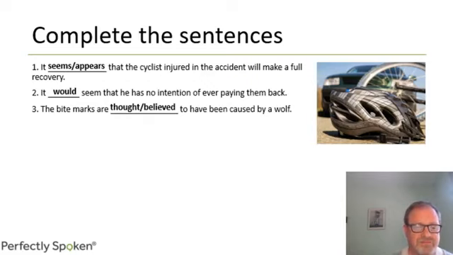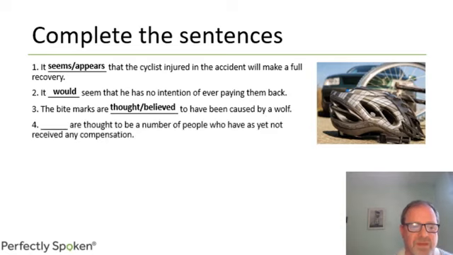Number 4: something I've thought to be a number of people who have as yet not received any compensation. So obviously something bad has happened, somebody has been negligent, an organization, etc. The courts or whatever have said that they have to pay compensation.